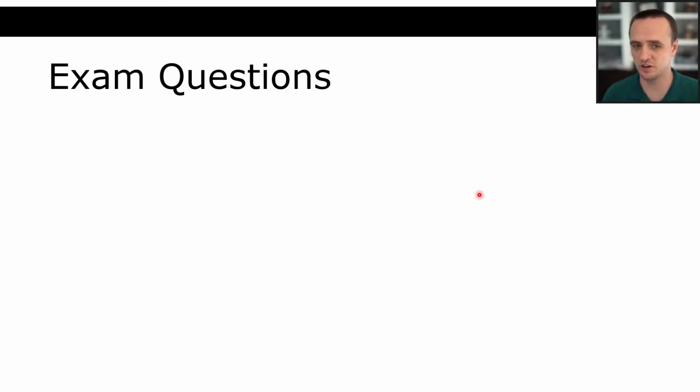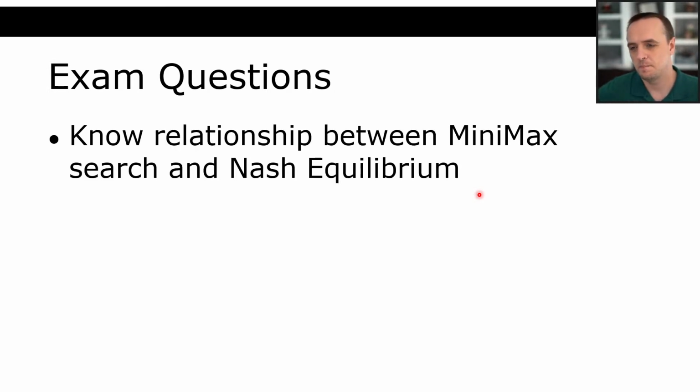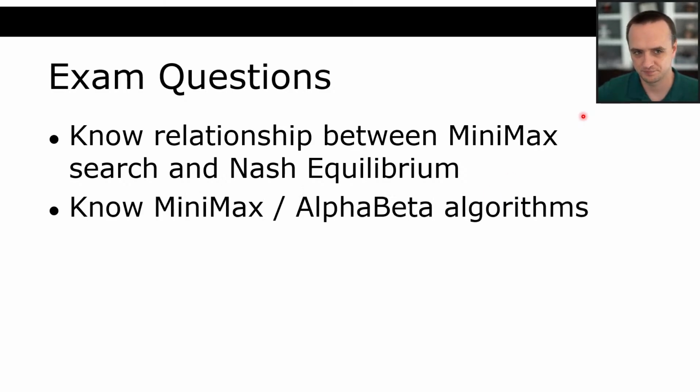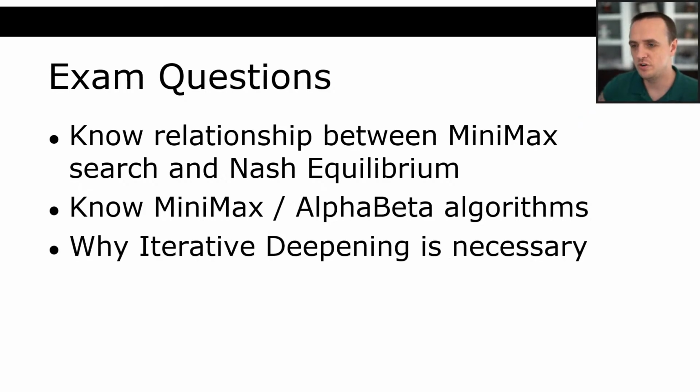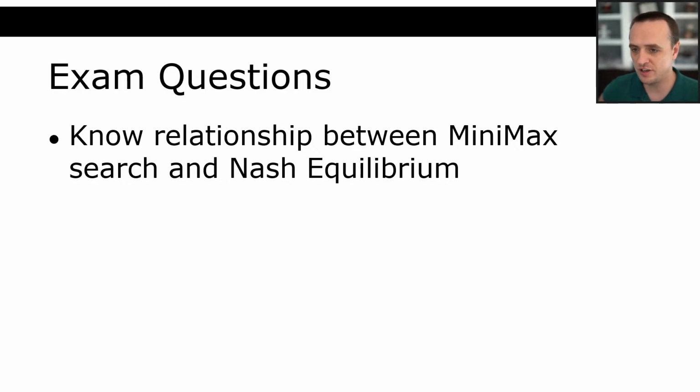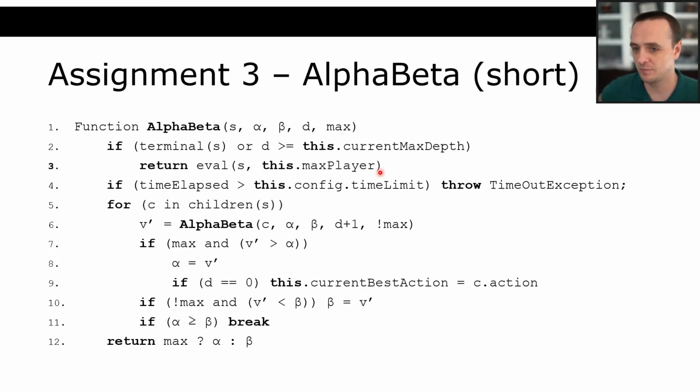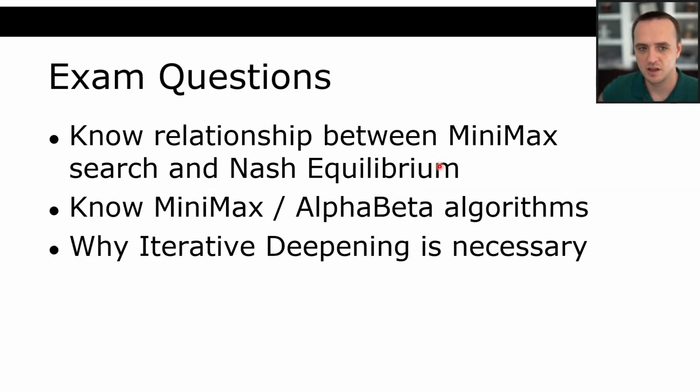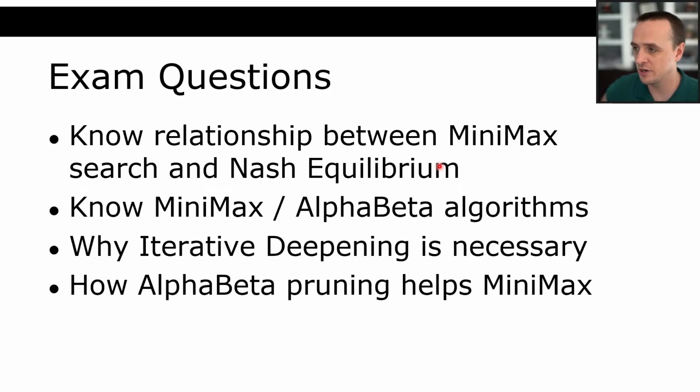So, some exam questions. Know the relationship between MiniMax and Nash equilibrium. Know the MiniMax and AlphaBeta algorithms. You may be required to regurgitate them. You need to know, why is iterative deepening necessary to implement something like a time limit? Why did we need iterative deepening for that? How AlphaBeta pruning helps MiniMax.